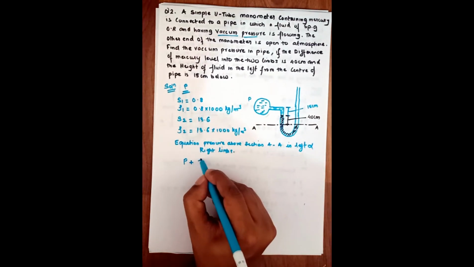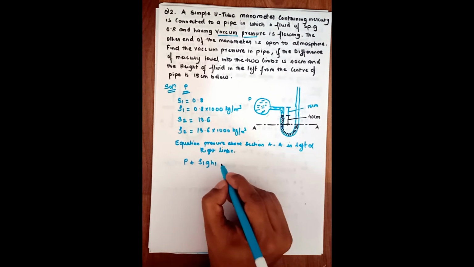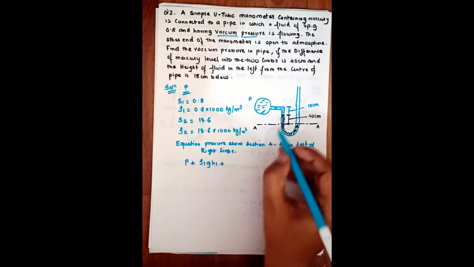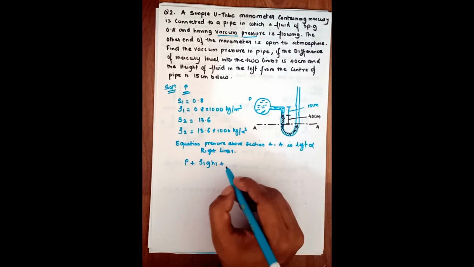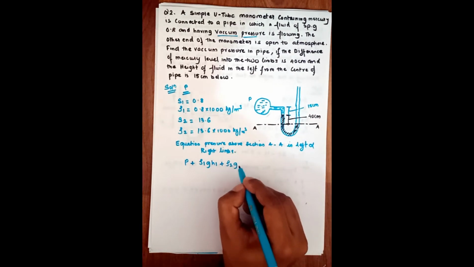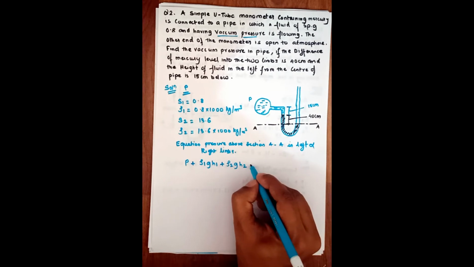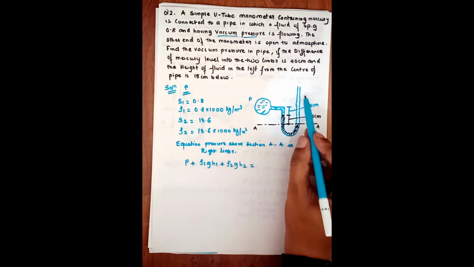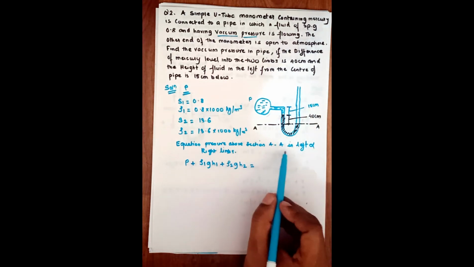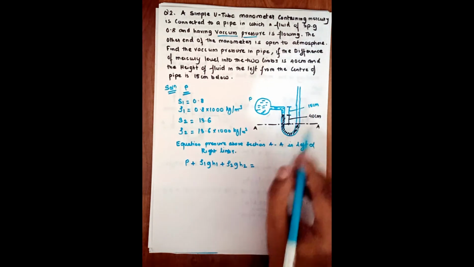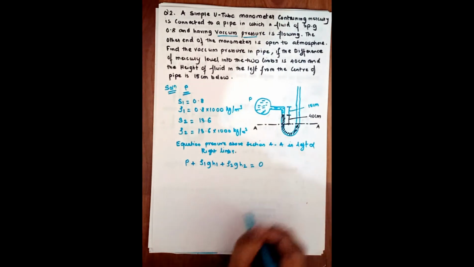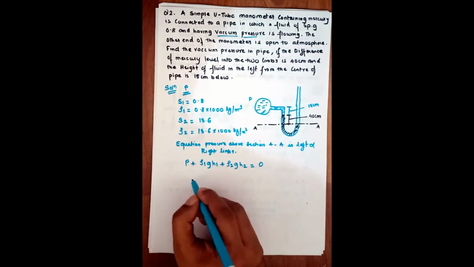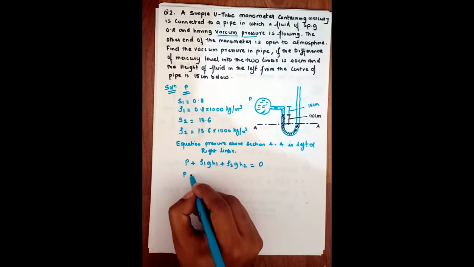So we will directly give the formula for pressure, ρ1 G H1. After that, there is another liquid, mercury, on the left hand side, which is ρ2 G H2. And on the right hand side, there is no fluid above section A. We are considering the section above A, so there is no fluid on this side, so it will come out to be 0. After that, we'll put all the values. We need to calculate the pressure.